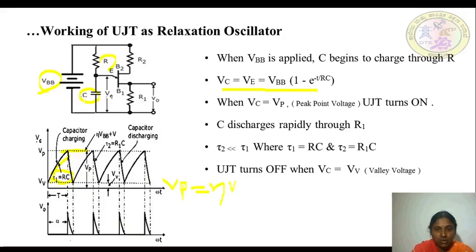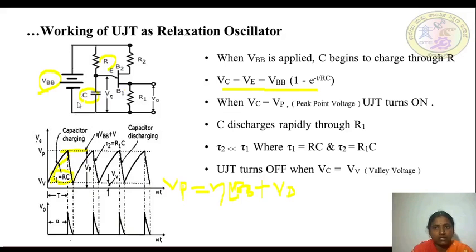So the junction between E and B1 will break down.